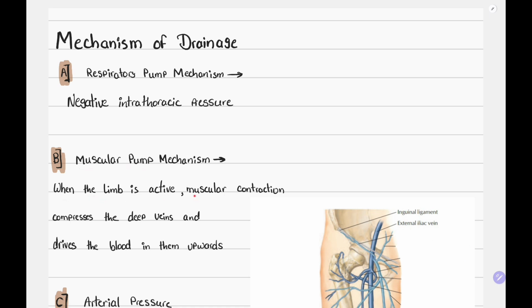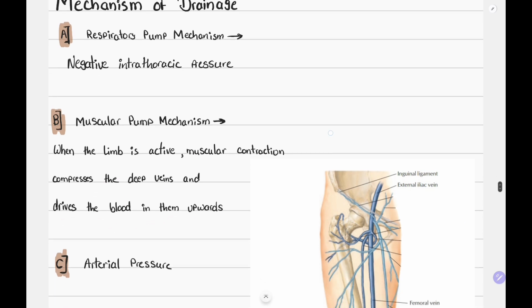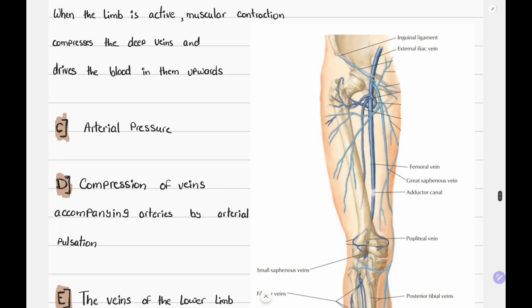or running, the muscular contraction compresses the deep veins. As I've already told you, deep veins are lying in between the muscles. So the muscular contraction compresses the deep veins and drives the blood upward. Arterial pressure: as the arterial blood is already coming with high pressure, it pushes the venous blood up to the heart.